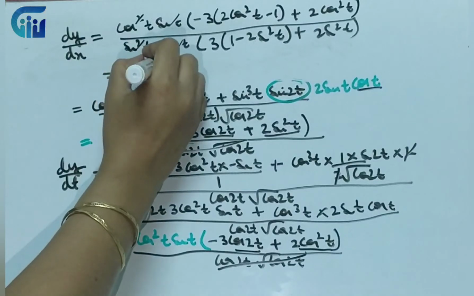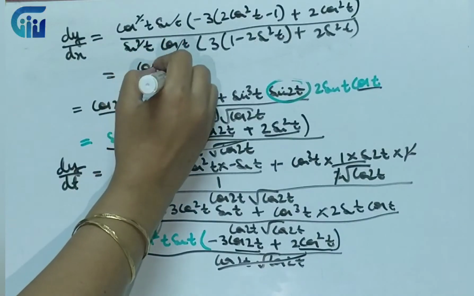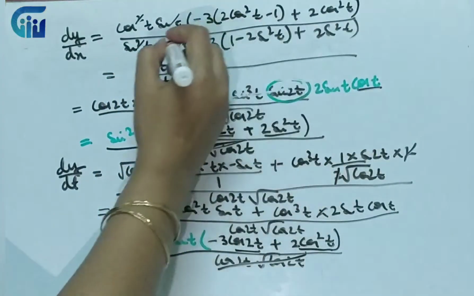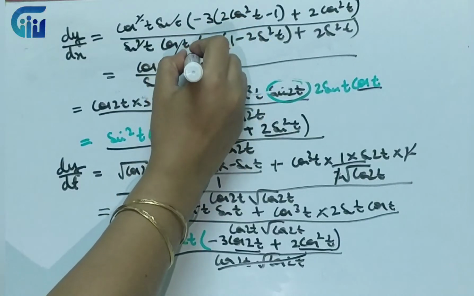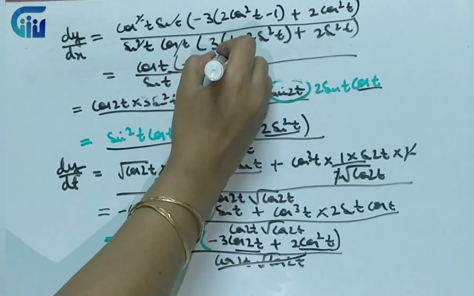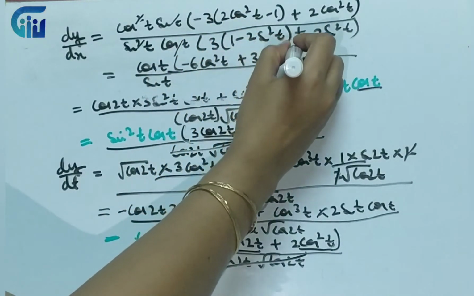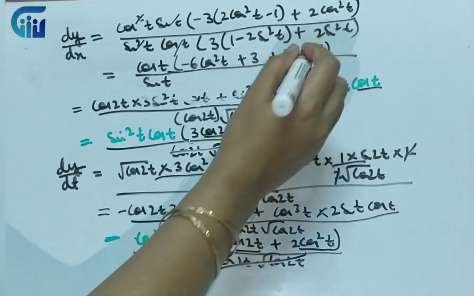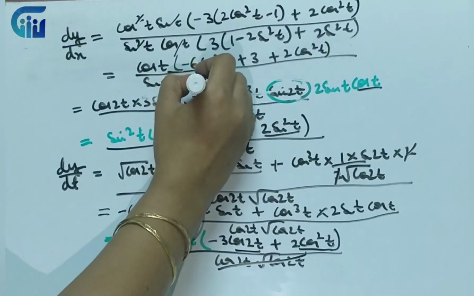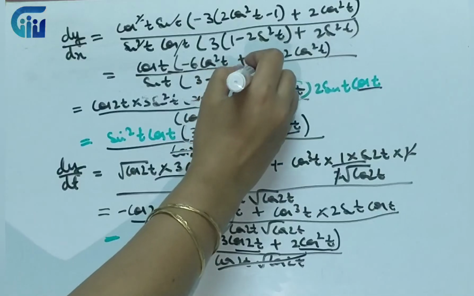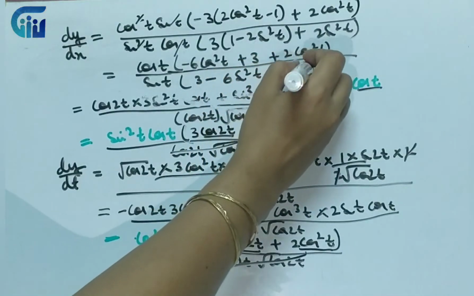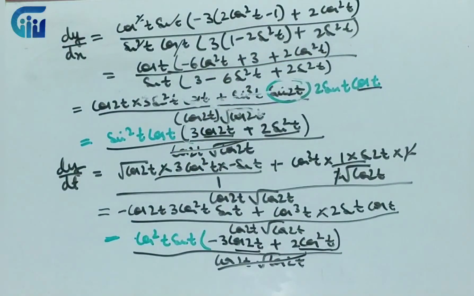So in the numerator I have cos, in the denominator I have sin, right? So this can be written as minus 6 cos square t plus 3 plus 2 cos square t. Then this will be 3 minus 6 sin square t plus 2 sin square t.